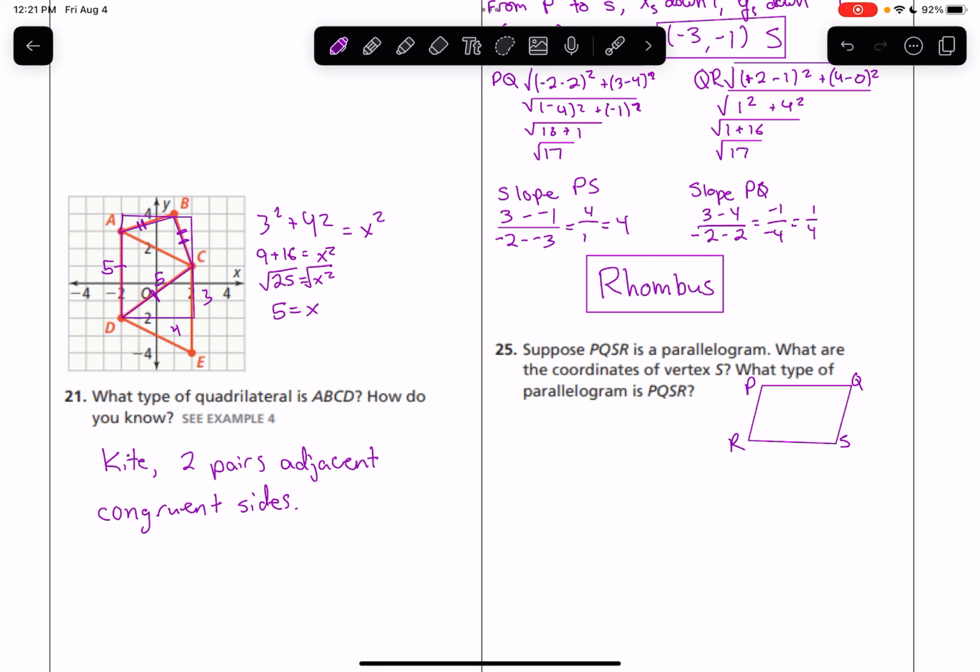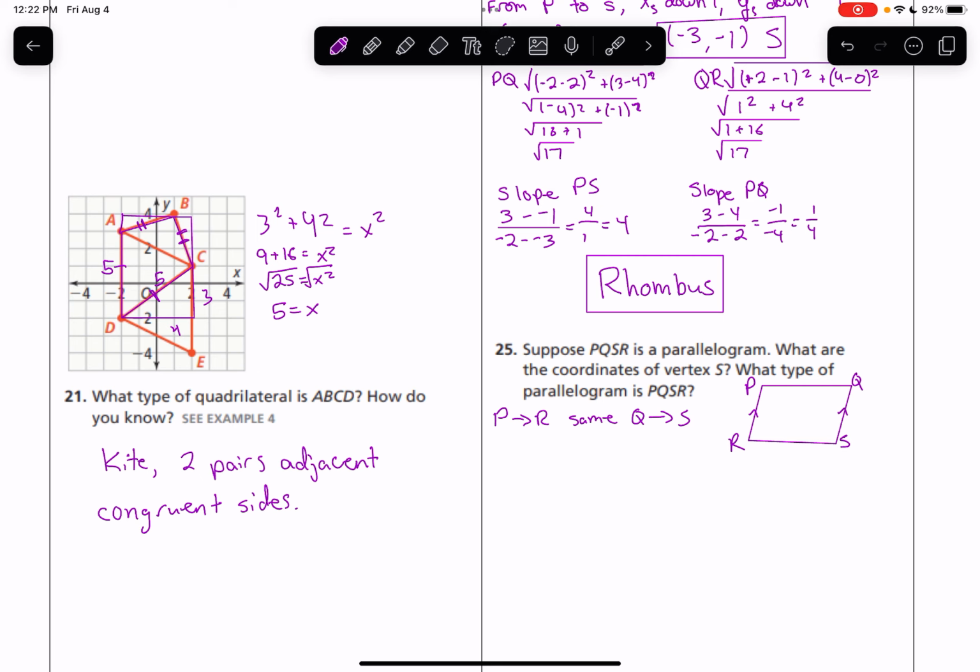instead of PQRS. Now, if we are trying to find S, the change from P to R is going to be the same as the change from Q to S, because I know PR and QS are parallel in a parallelogram.